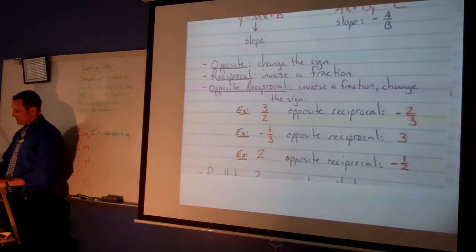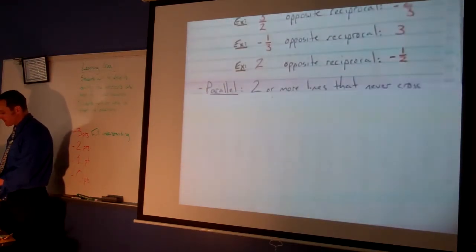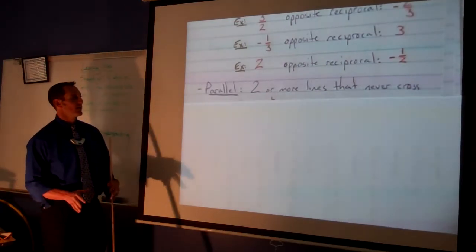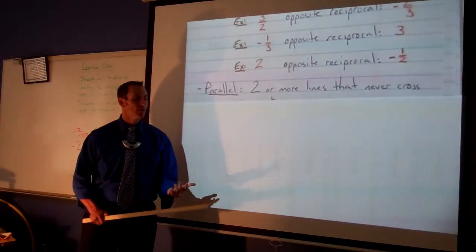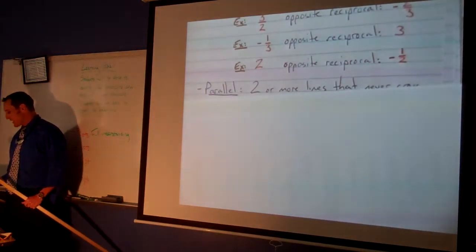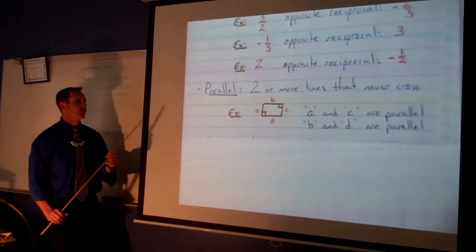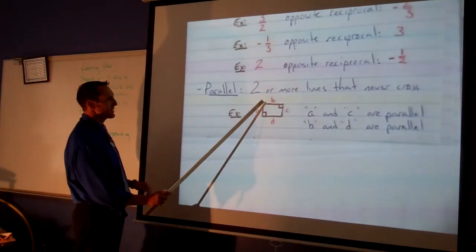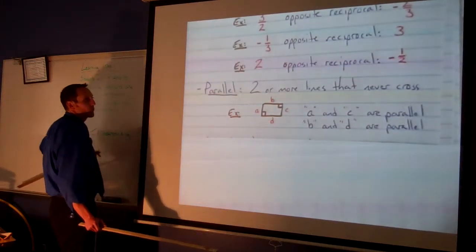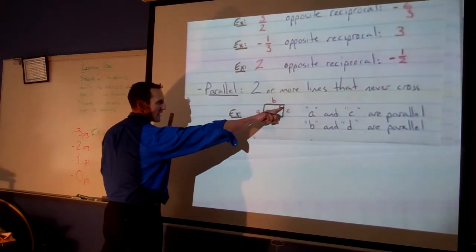Now we get into some previous definitions for vocabulary, starting with parallel. When you have parallel lines, you're dealing with two or more lines that will never ever cross. In this example, I give a rectangle. For this rectangle, we have side A, side B, side C, side D. We have a right angle here and a right angle here.